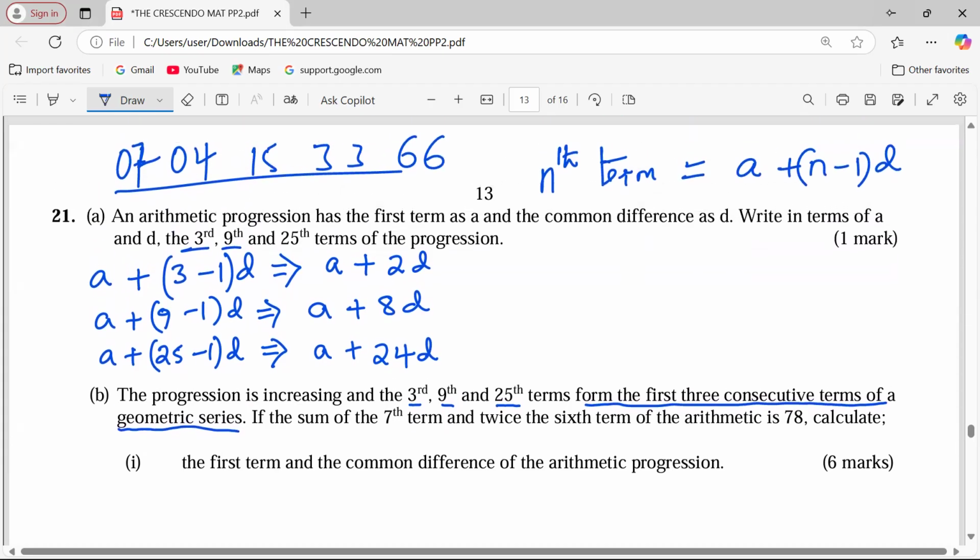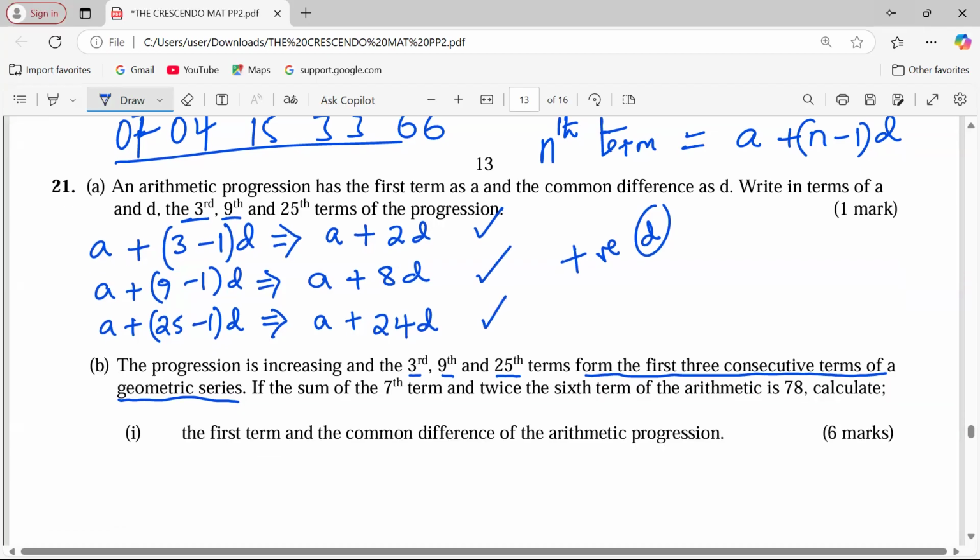Now, the progression which we have here, which is arithmetic, is increasing. That means this progression has a positive common difference. This progression has a positive value of D. That is what it means by increasing. So the above progression is increasing, and the terms that we have listed, the third, the 9th, and the 25th, form the first 3 consecutive terms of a geometric series, which is also a progression.